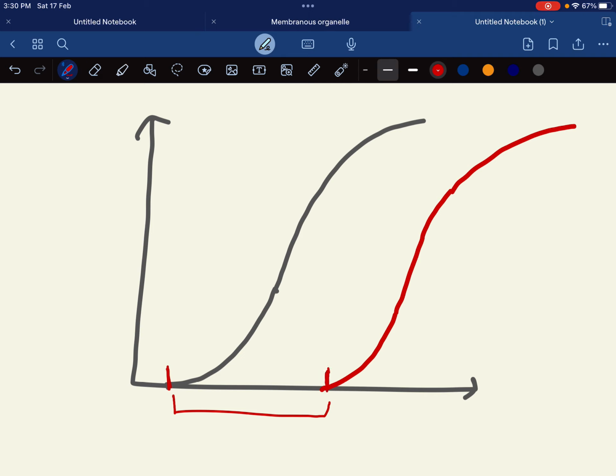Minimum effective dose is the amount of dose that is required to produce a therapeutic effect, and minimum toxic dose is the smallest amount of dose at which toxicity begins. This difference is termed the therapeutic window.